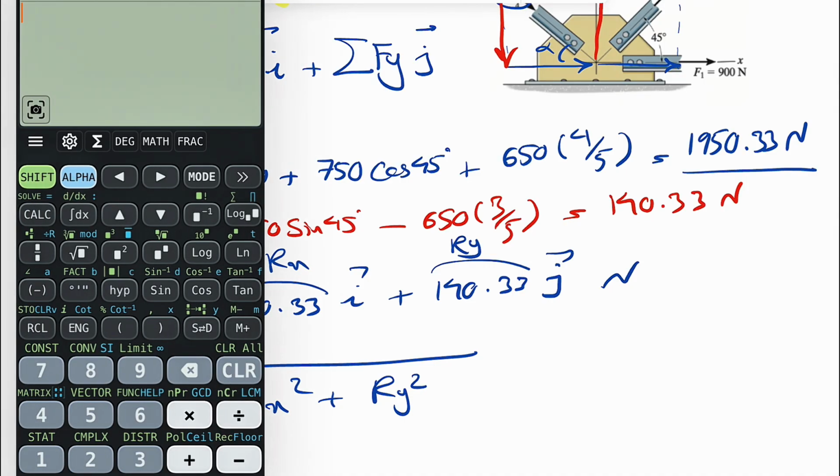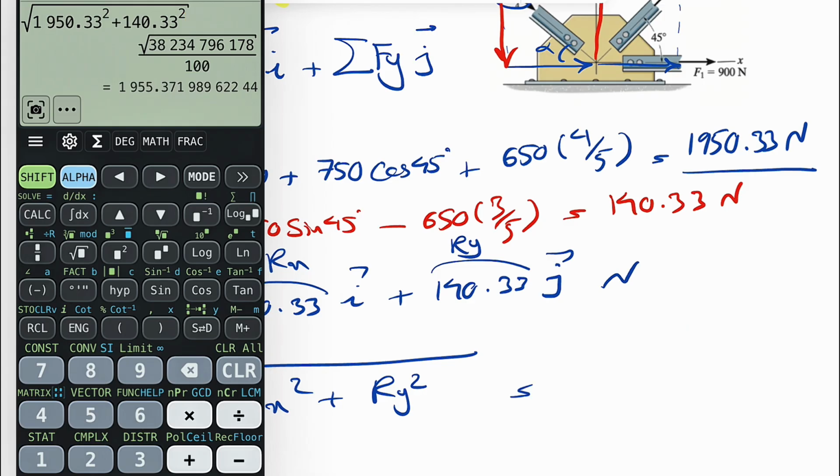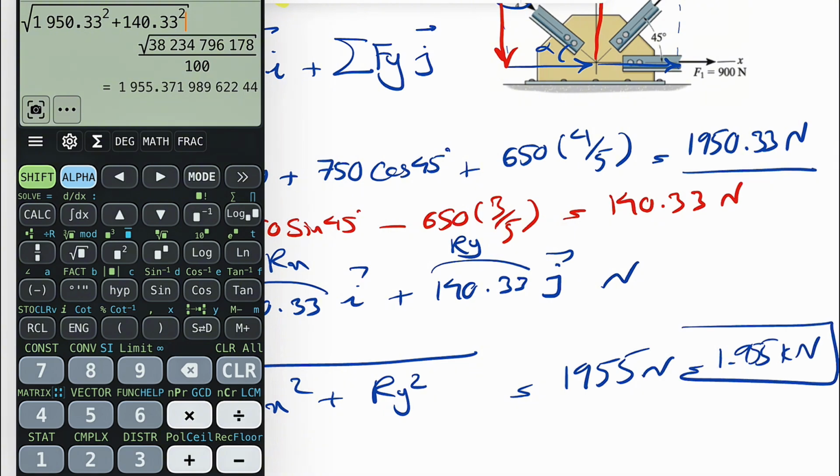So let's see what we get. Square root of 1950.33 squared plus 140.33 squared, and that's going to give us around 1955 newtons, or 1.955 kilonewtons. So that's the magnitude.